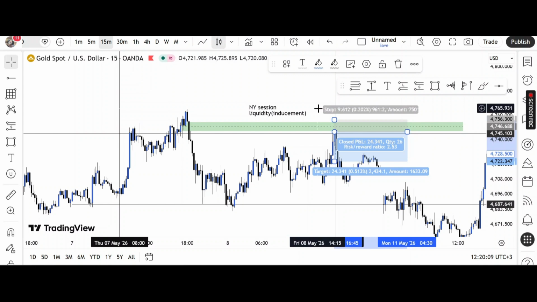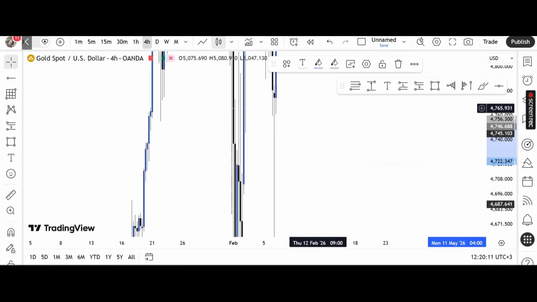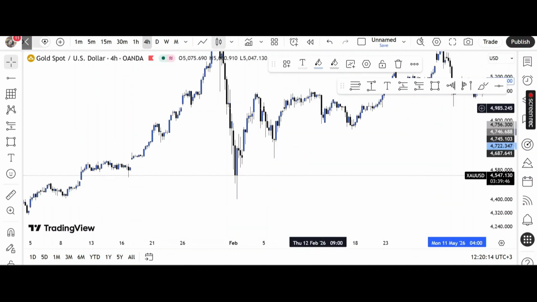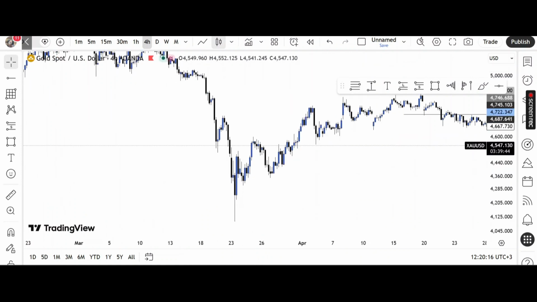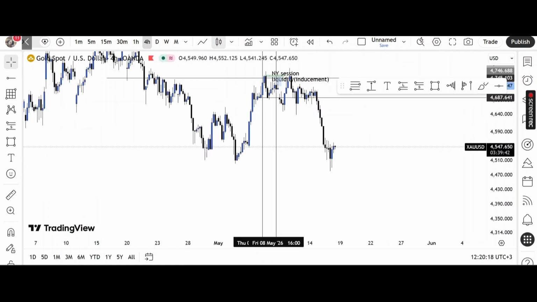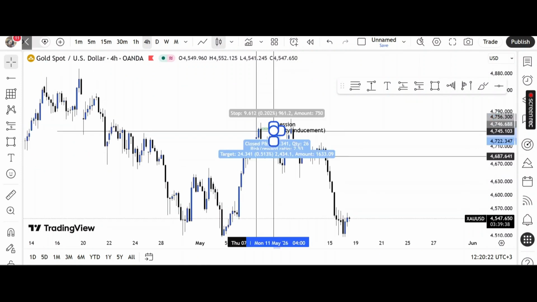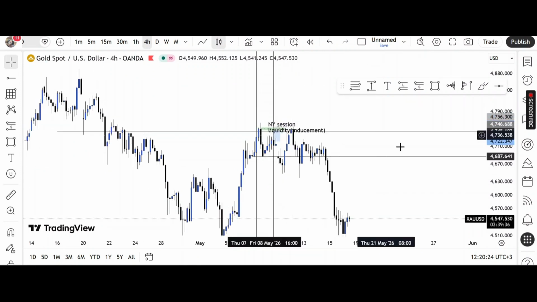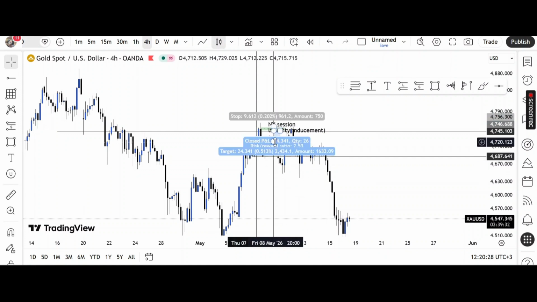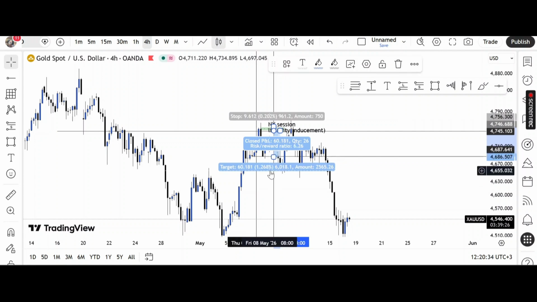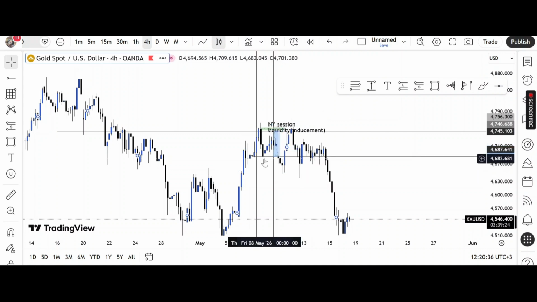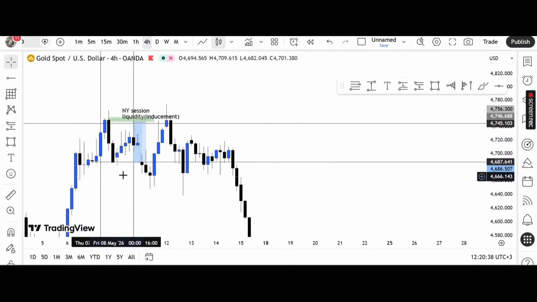My target, as I said, because I used the 1 hour, I went to the 4 hour for take profits and exits. My first take profit was in that V level in the 4 hour, this V level.